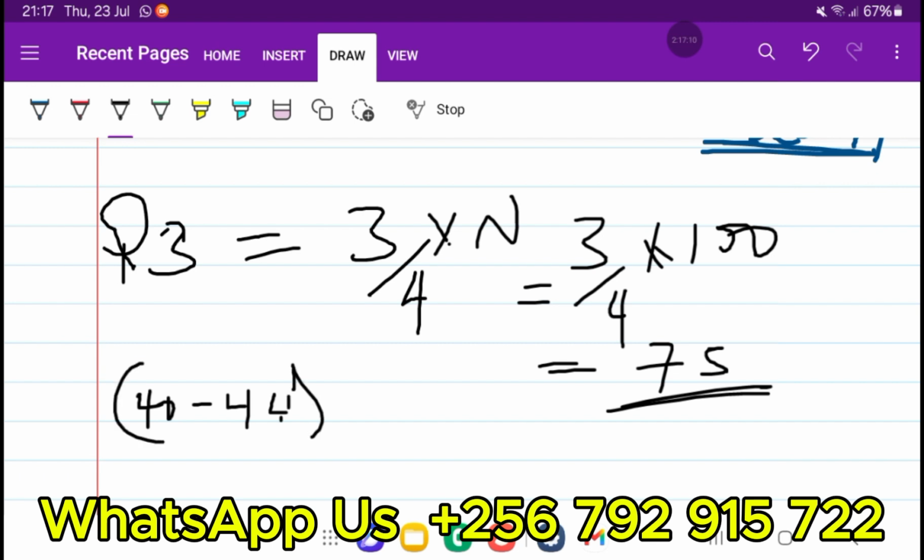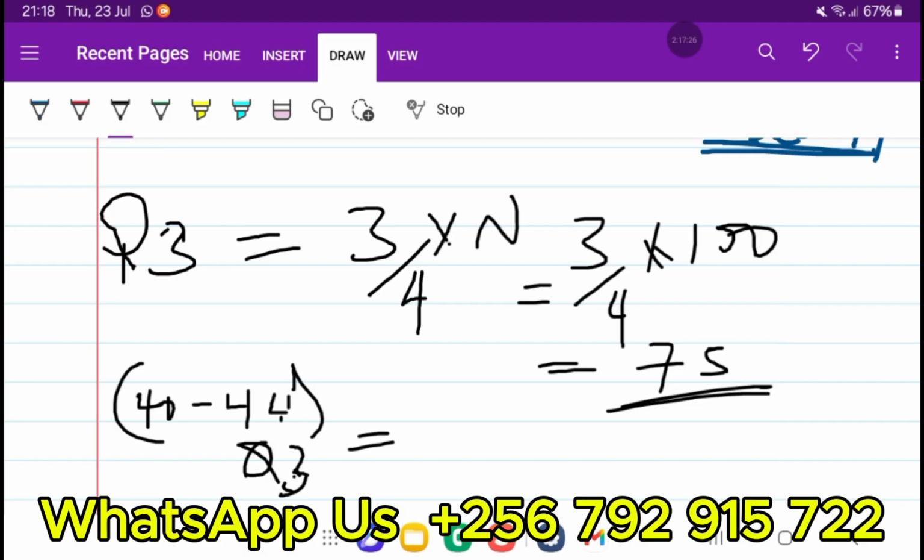Then we substitute into the formula for Q3.